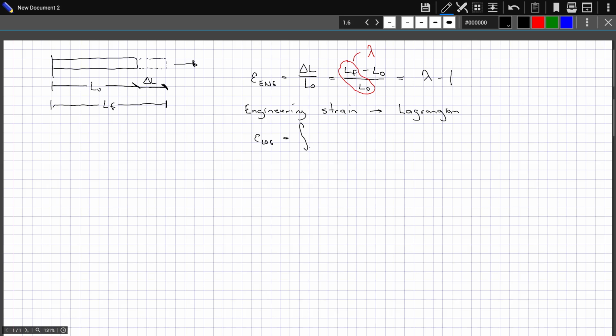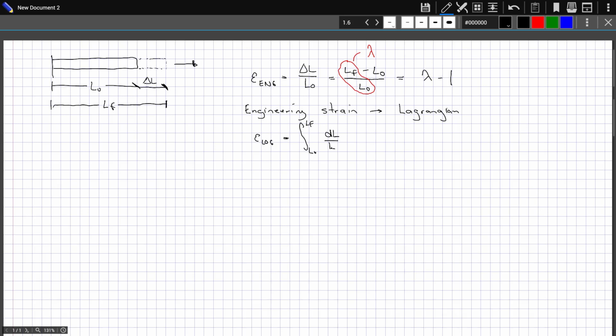So we integrate from L0 to LF the infinitesimal change in length over the instantaneous length. So that is the length at every step of the deformation. I deform it an infinitesimal dL, what's the length? The total length of the bar. And I deform it a little more, what's the total length of the bar? So it's the instantaneous length as we deform it.